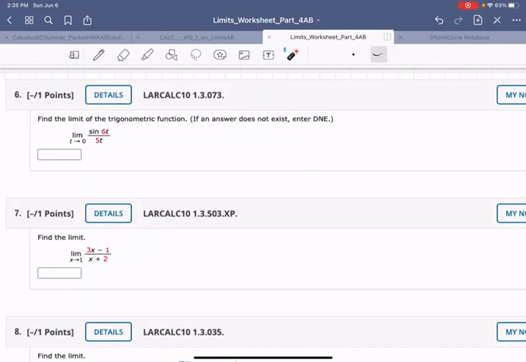This question, we have different students gave different answers.